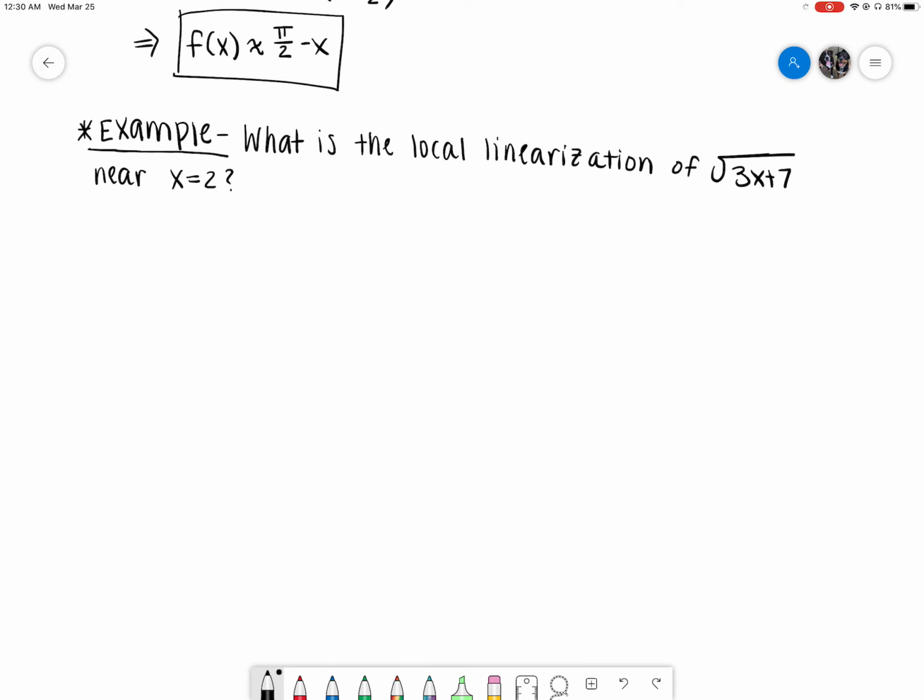So local linearization was another way to say the right-hand side of that equation. So again, we're basically still just looking for this approximation, which in this case is f of 2 plus f prime of 2 times x minus 2.